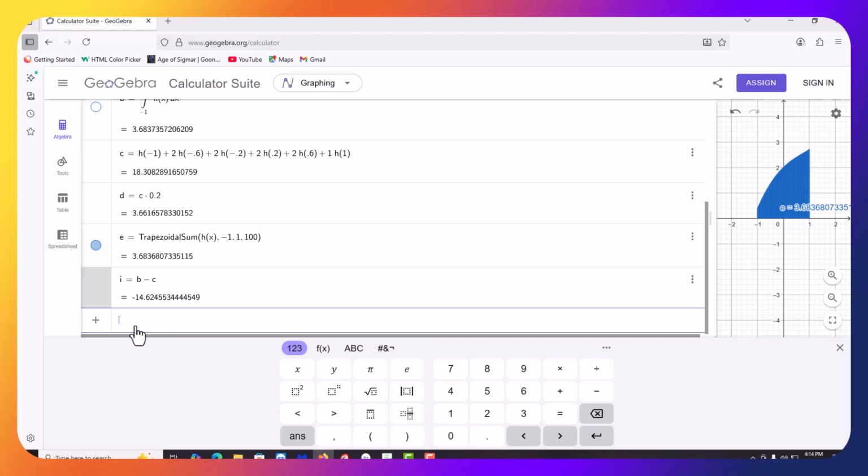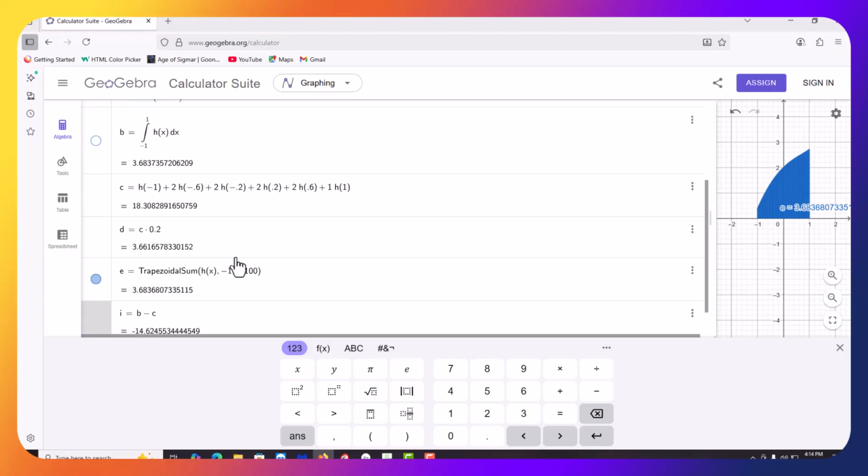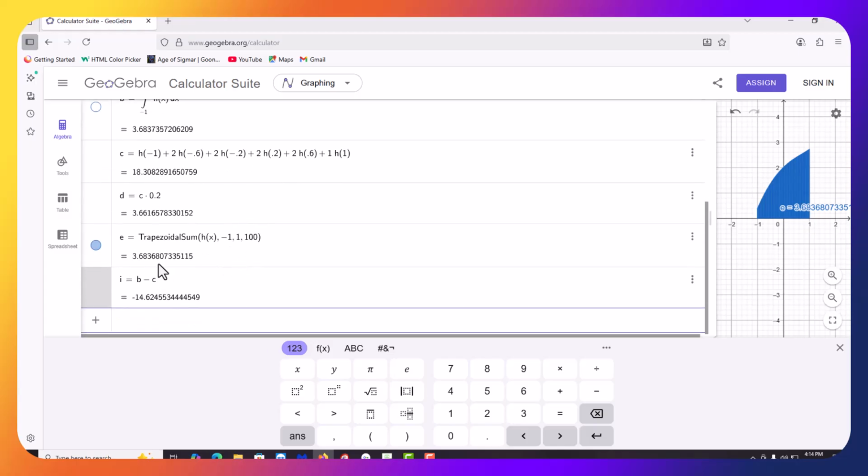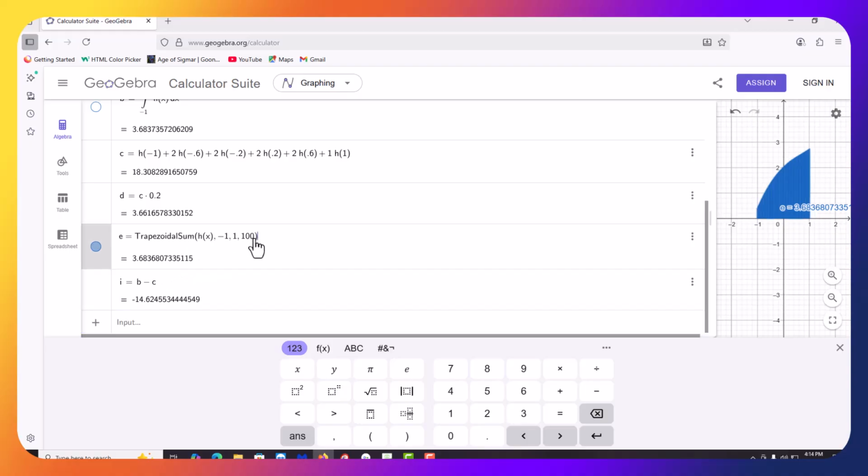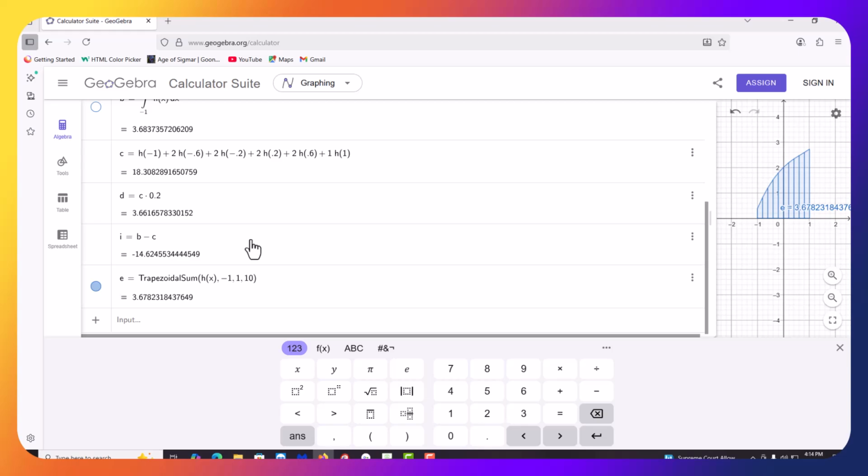If I do that, did I use the right line? Yes, I did. You can see they're off some, right? Well, what happens if I change this to 10? Right? So it's changing some. It's deliberate.